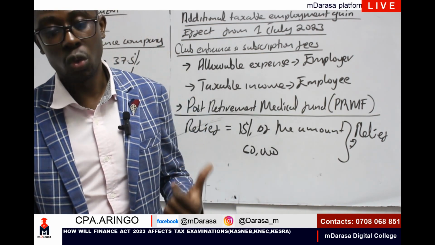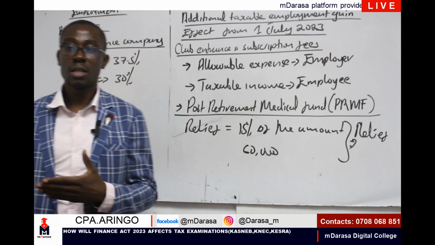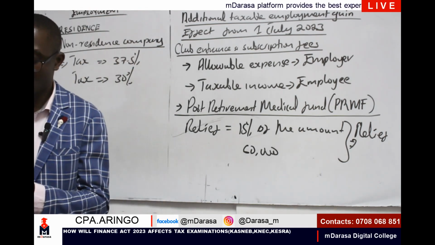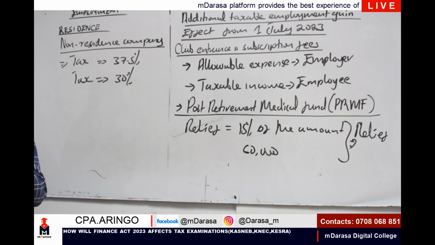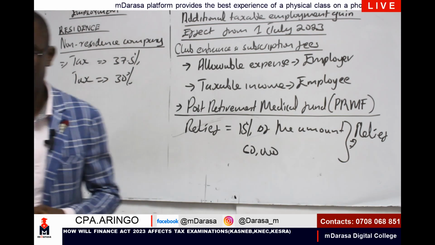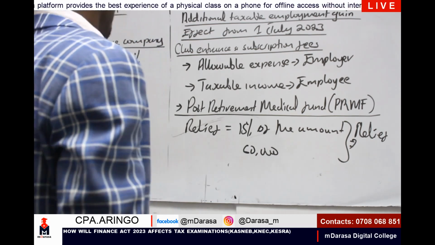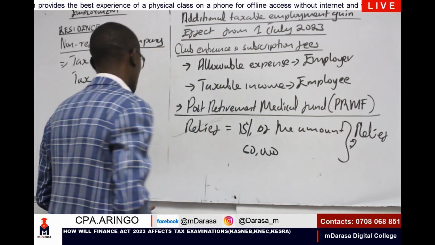You'll find that you'll not be affected by this unless you're given the period of July 2023 going forward. So that is also very important to note when it comes to matters to do with residential status: the non-resident rate moved from 37.5% to 30%.